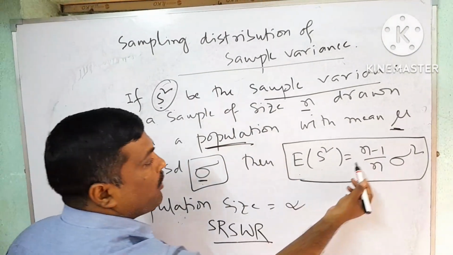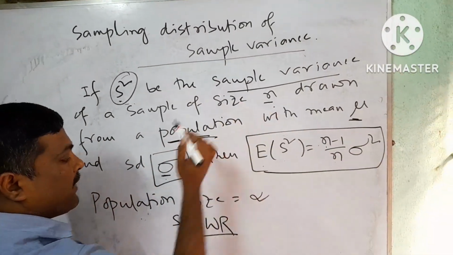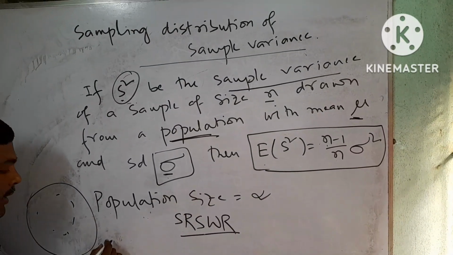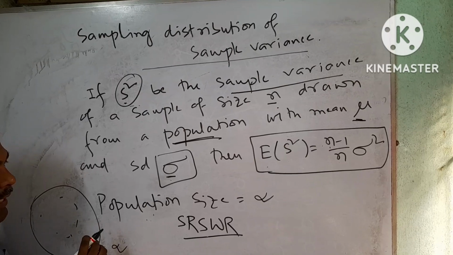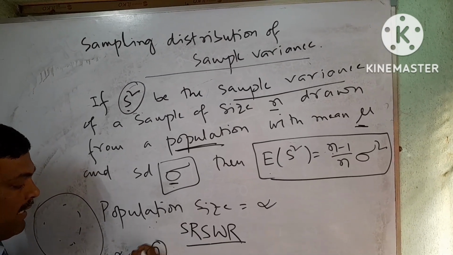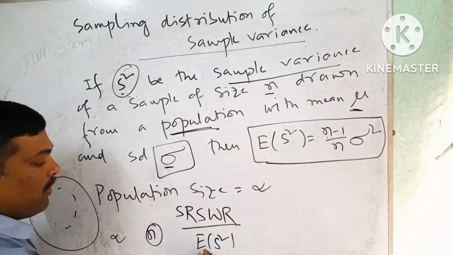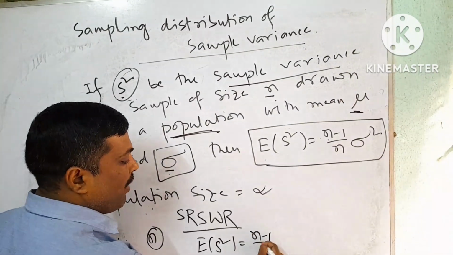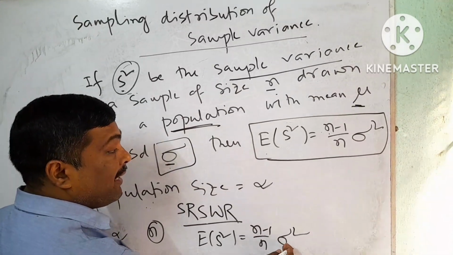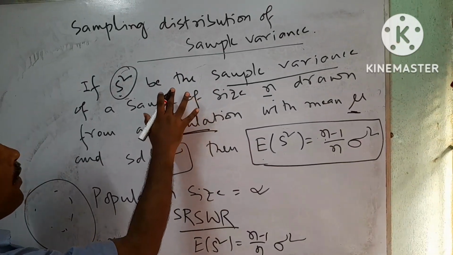Then E of S square, where S square is the sample variance, equals n minus 1 by n sigma square, where sigma is the population standard deviation. This is the sampling distribution of sample variance.